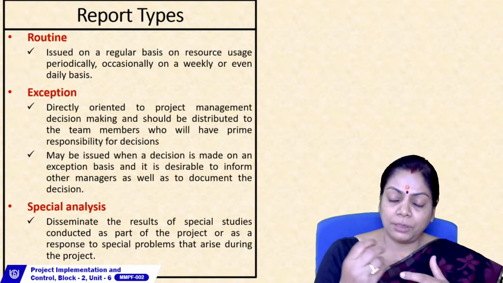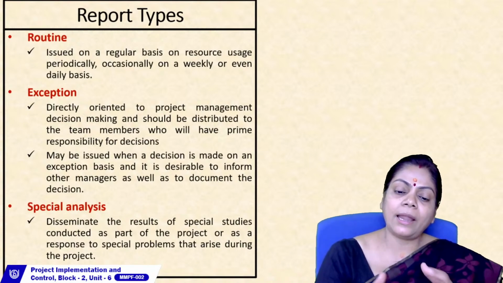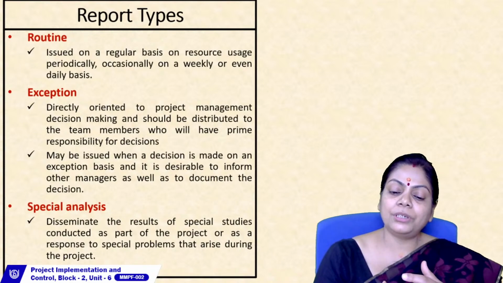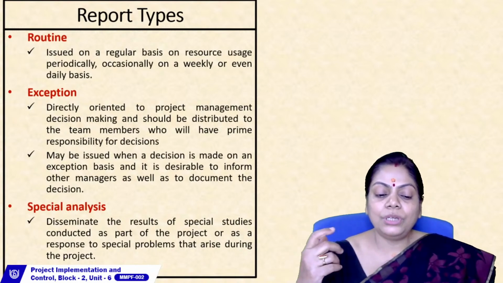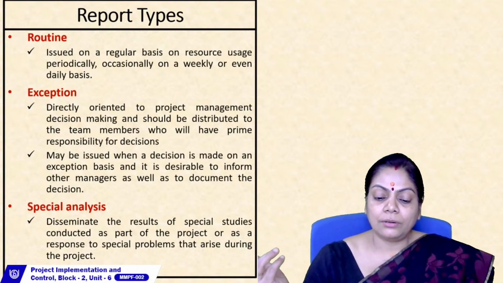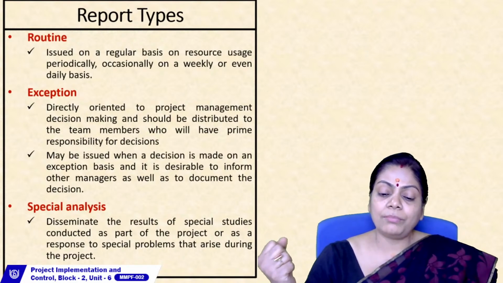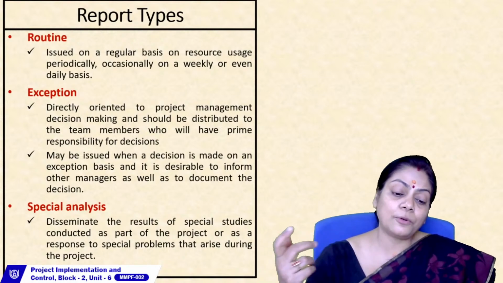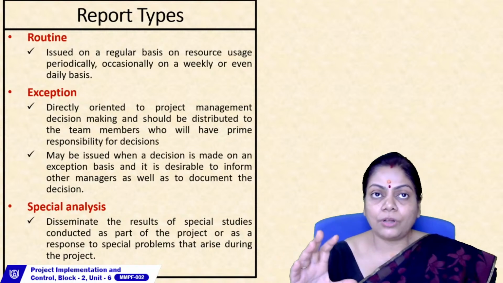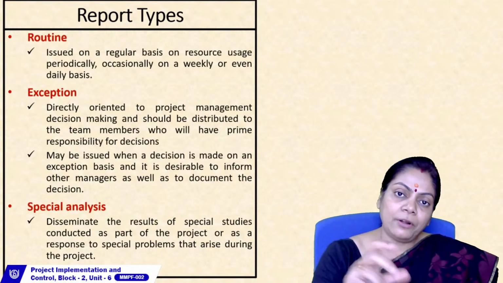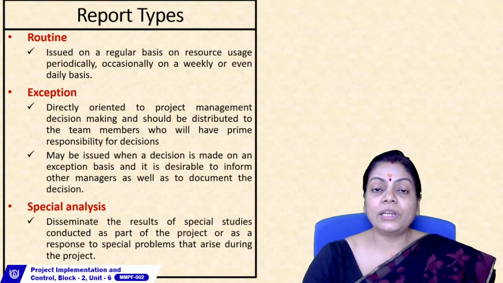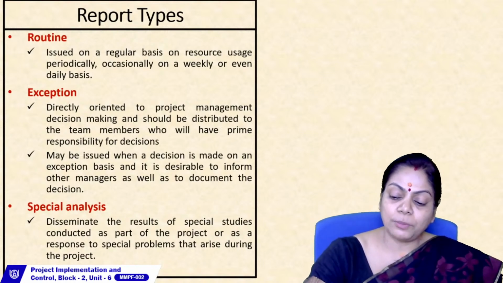For example, if a typical problem is reported by a client, we analyze that issue and come up with solutions. This needs to be disseminated to the team members. It might cover matters that may be of interest to other project managers. Suppose another project manager also comes up with that kind of problem, he can depend on this analysis to quickly resolve the issue. So that could be a special analysis report.